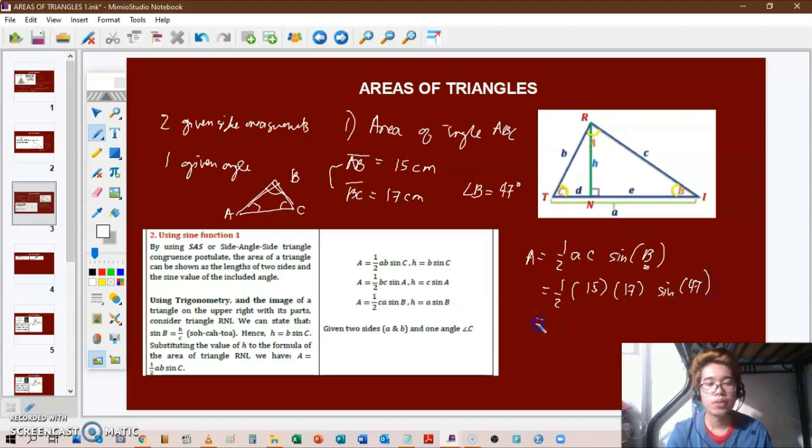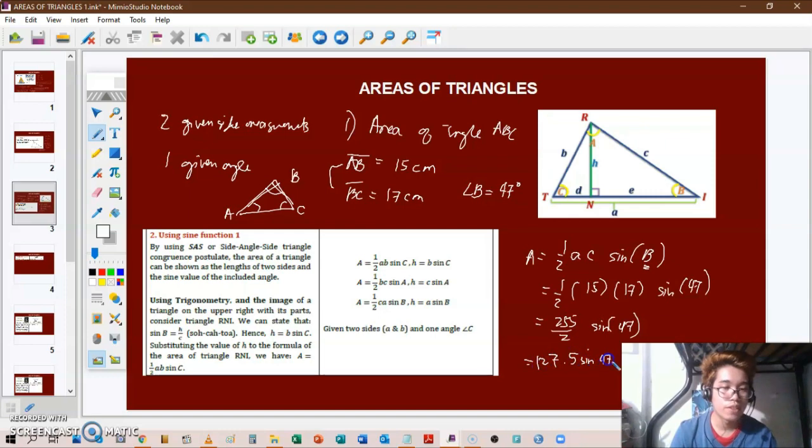So let's try to compute this one using our calculator. We have here 15 times 17, we're going to get 255. 255 all over 2 multiplied by sine 47. So we can evaluate first 255 divided by 2. We get 127.5. And then we multiply that to sine 47 degrees.